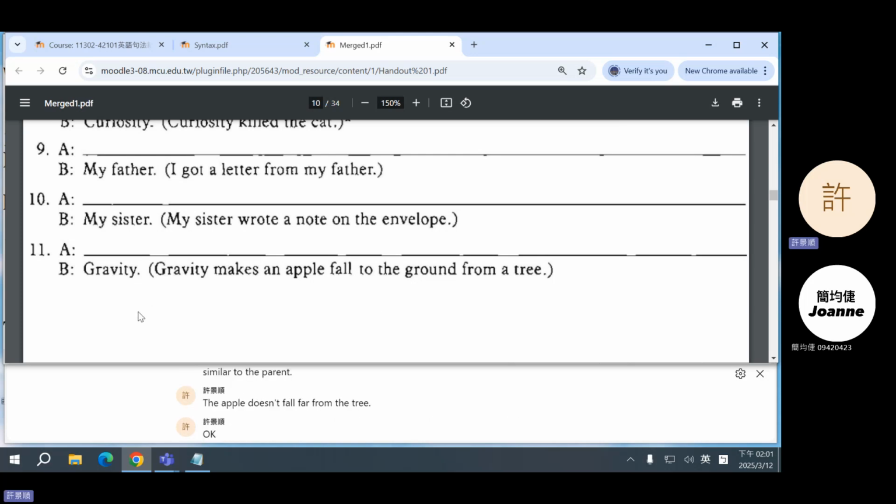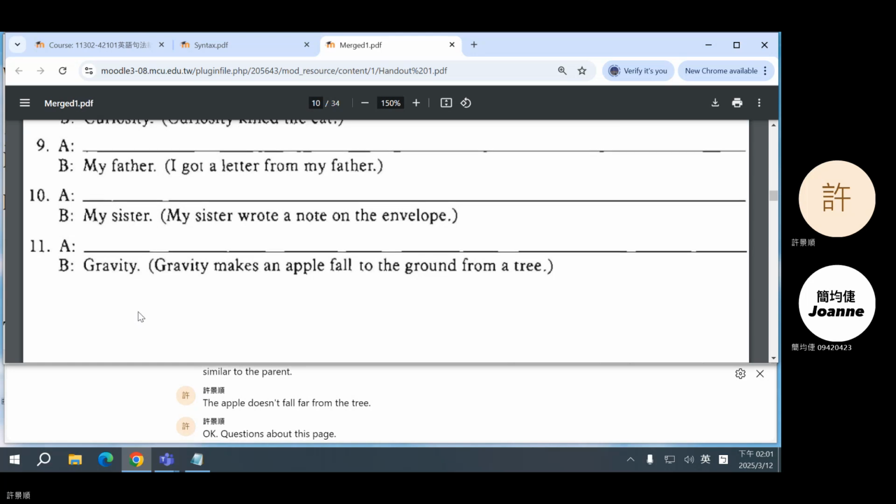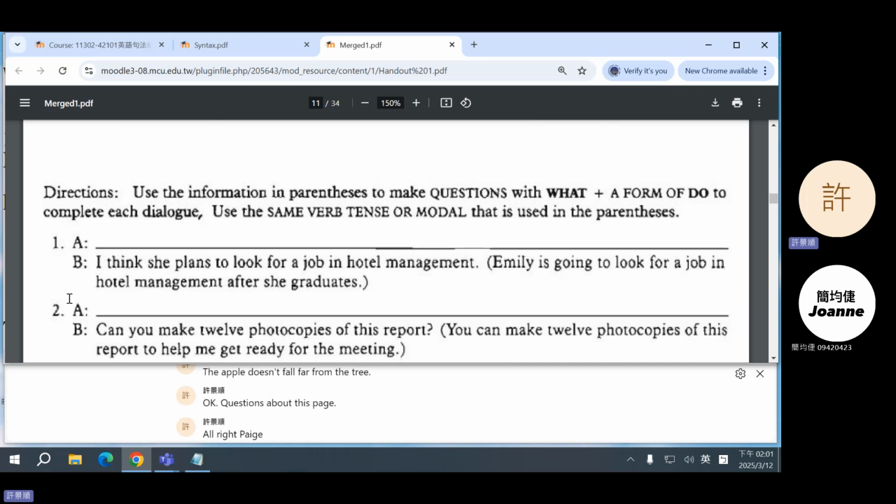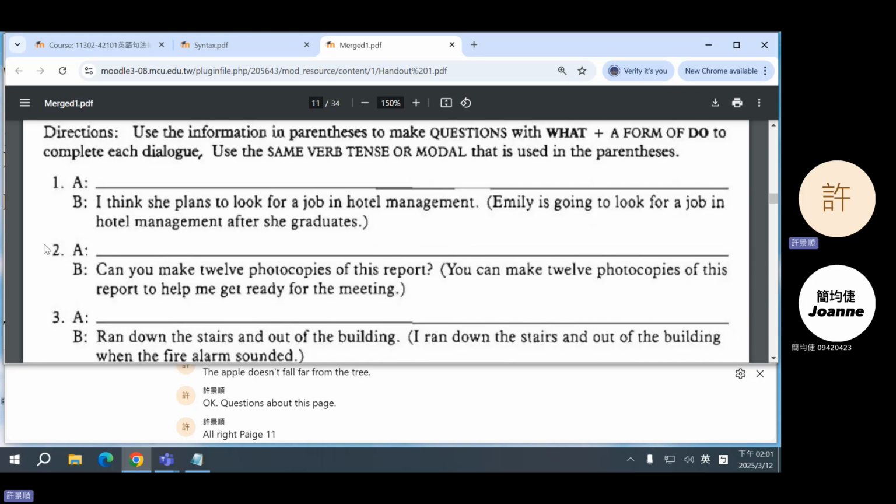Okay, questions about this page? All right, page 11. You're getting more and more freedom. Okay, so this is a little more complicated.